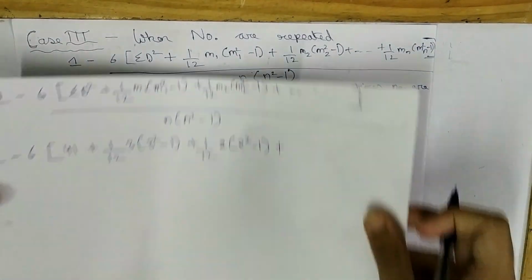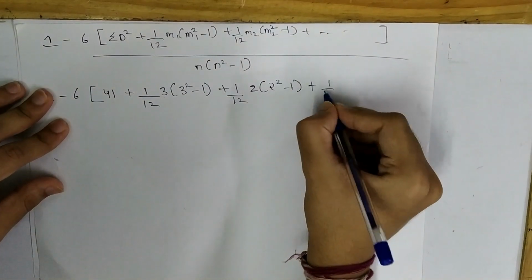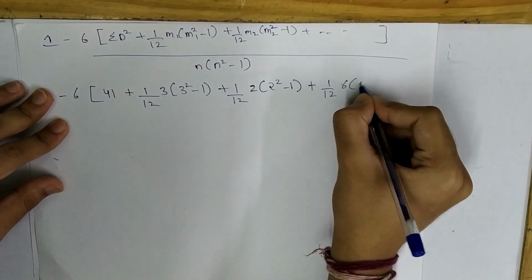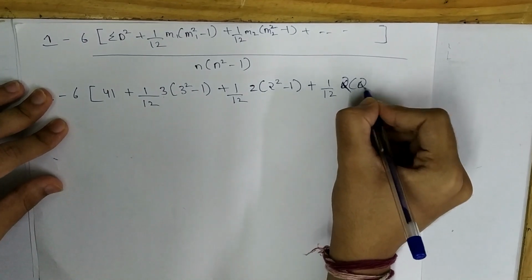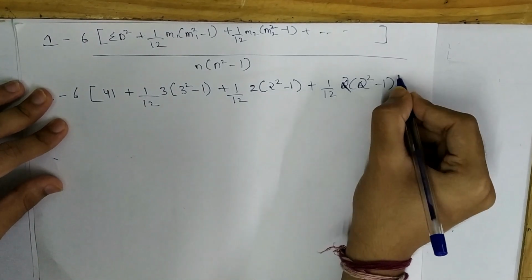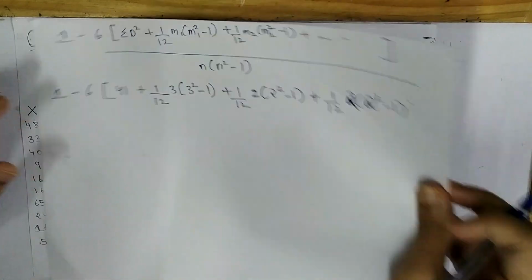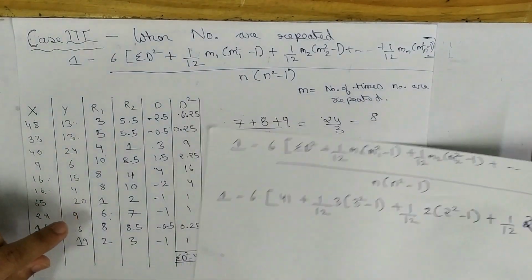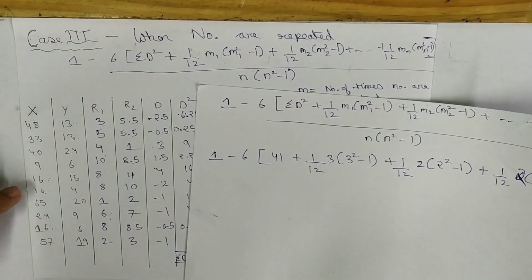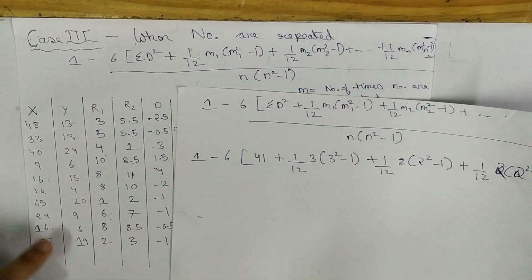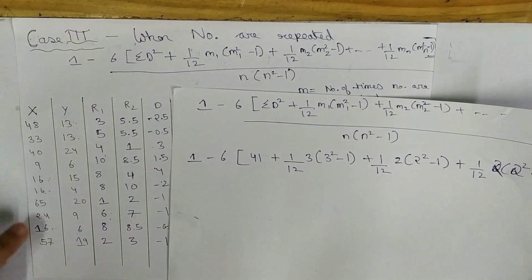So we put another 1 upon 12, 6 is repeated 2 times. So 2 square minus 1. We do not have to write the number which has been repeated. We have to write how many times the number is repeated. In this, the 16 is repeated 3 times.